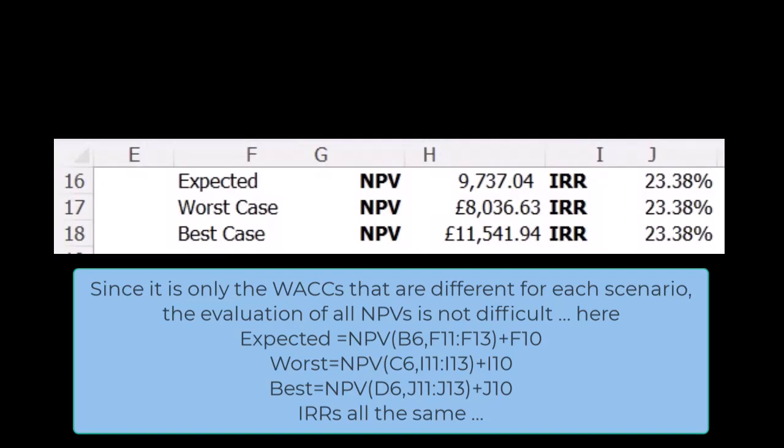Here, the expected NPV formula is B6, the rate, comma, F11 to F13, bracket plus F10. And similarly for the worst, where the rate is in C6, and the best, where the rate is in D6.